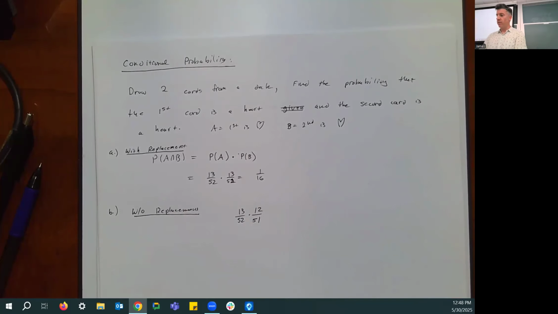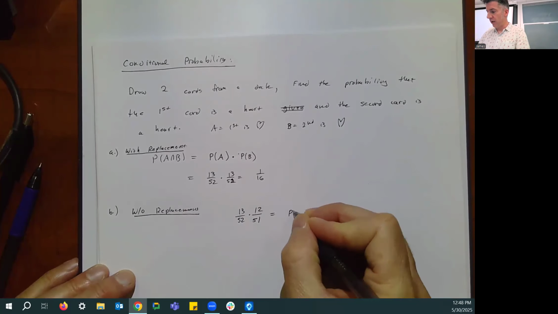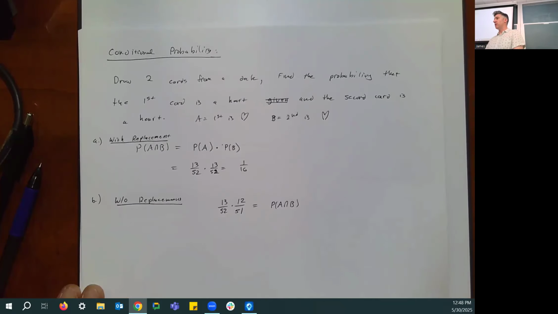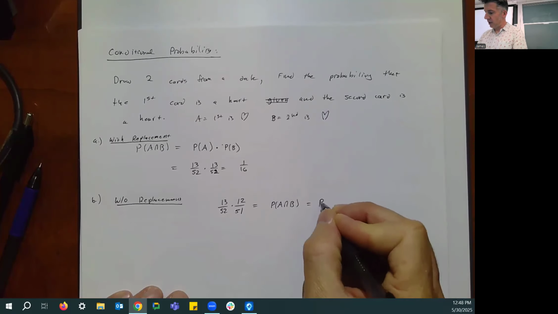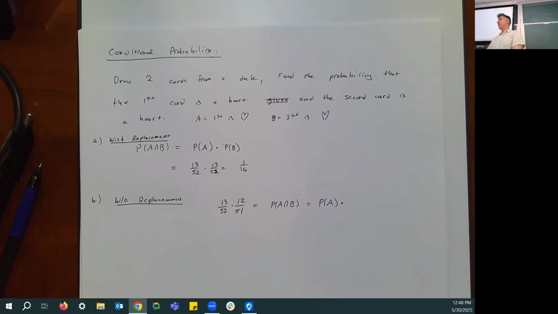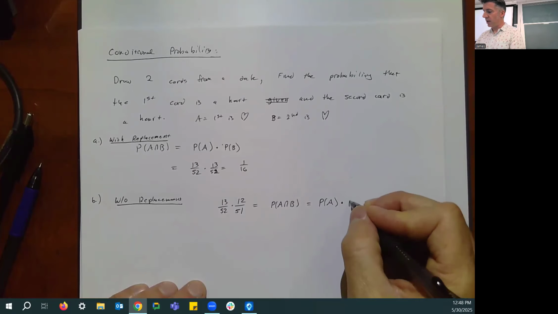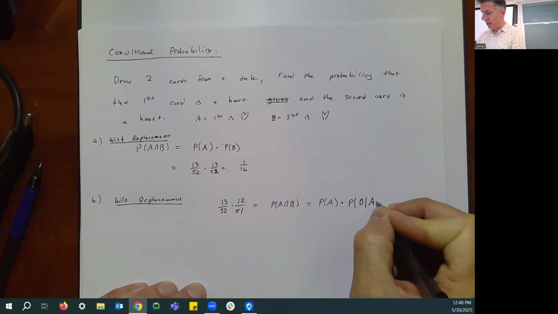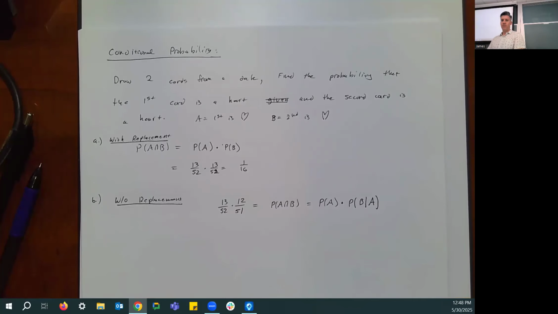Okay, so this probability, the probability of A and B both happening, here's how we'd write it. It's the probability of A multiplied by, instead of the probability of B, the probability of B given that A already happened. Typically, yes.